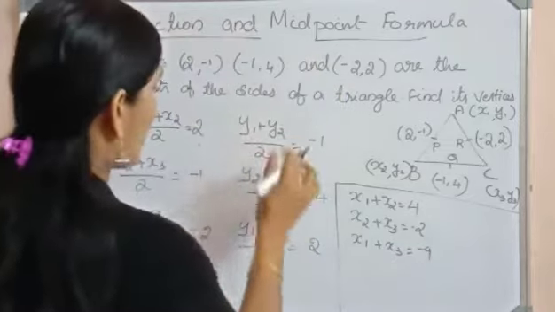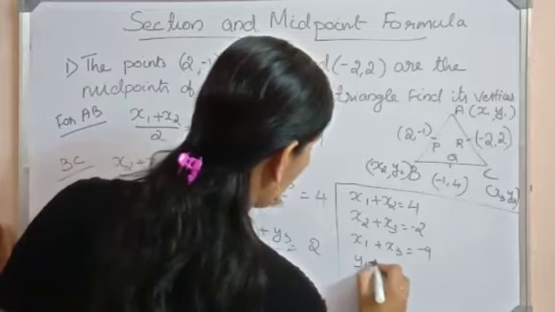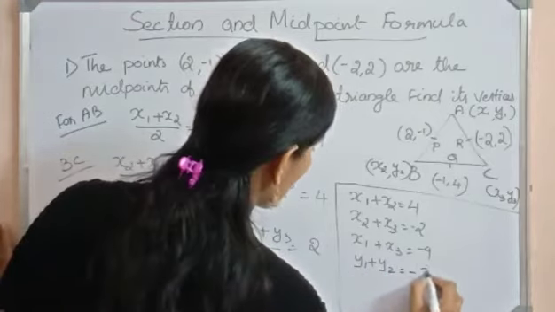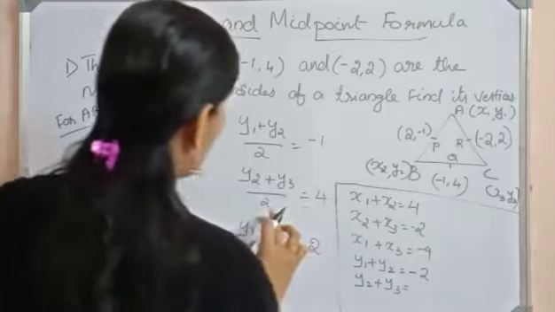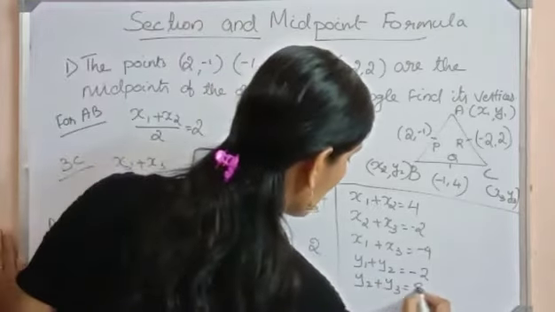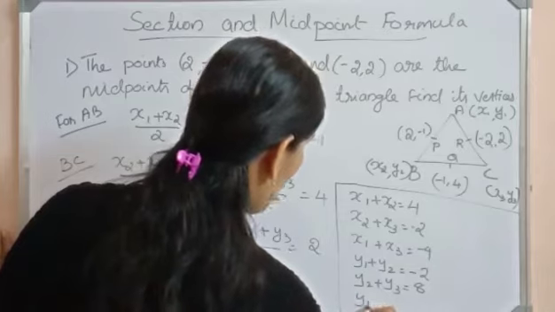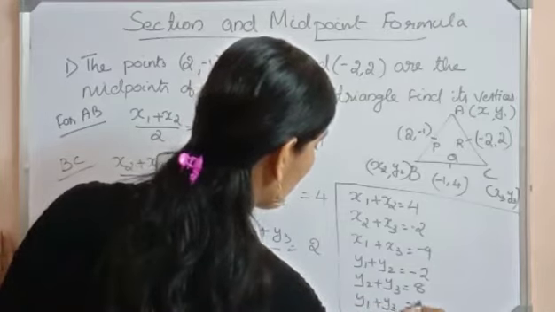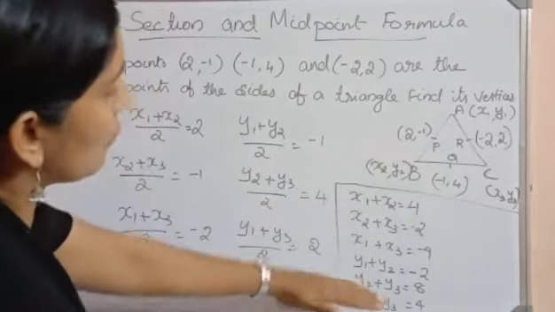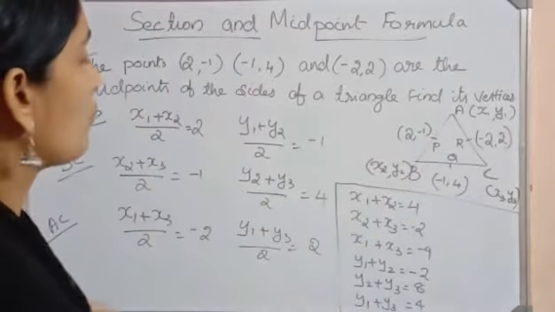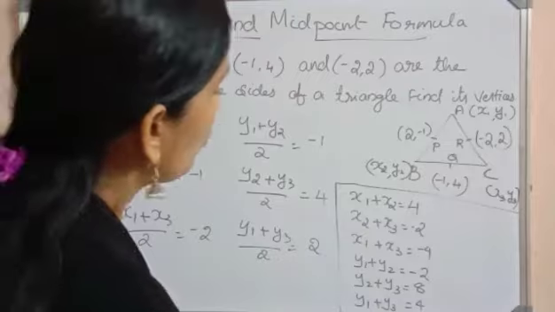In the same way, y1 + y2 is equal to -2, y2 + y3 is equal to 8 and y1 + y3 is equal to 4. Now by using all these formulas, we have to find the values of x1, x2, x3, y1, y2, y3.